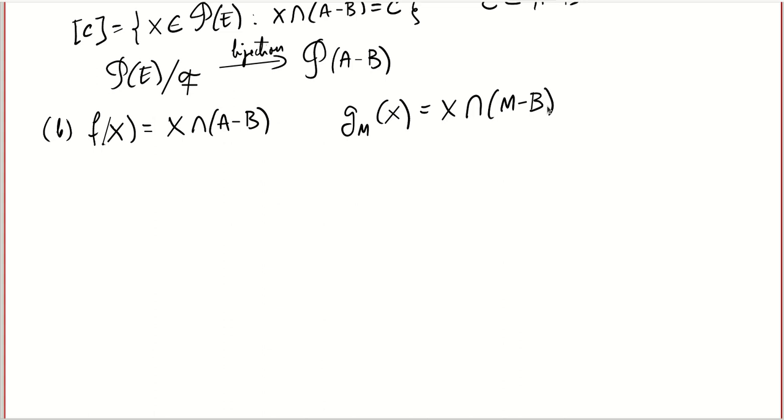So the condition that these two functions are equal is of course that M minus B is equal to A minus B, which means that the part of M that does not belong to B has to be the same as the part of A that does not belong to B.